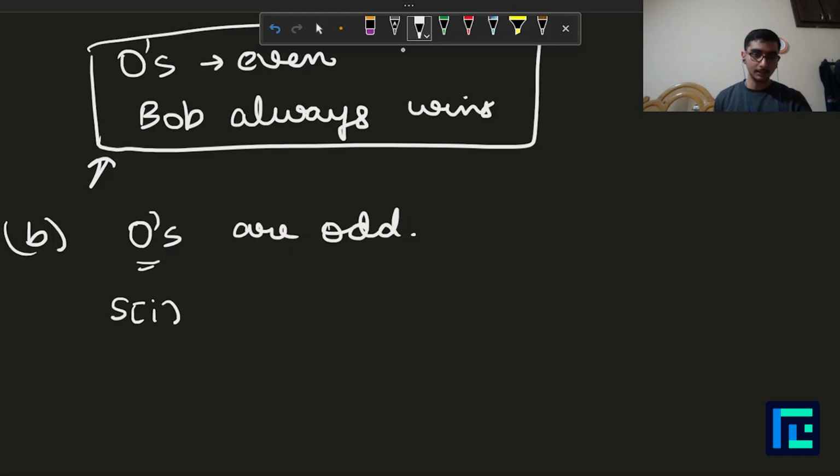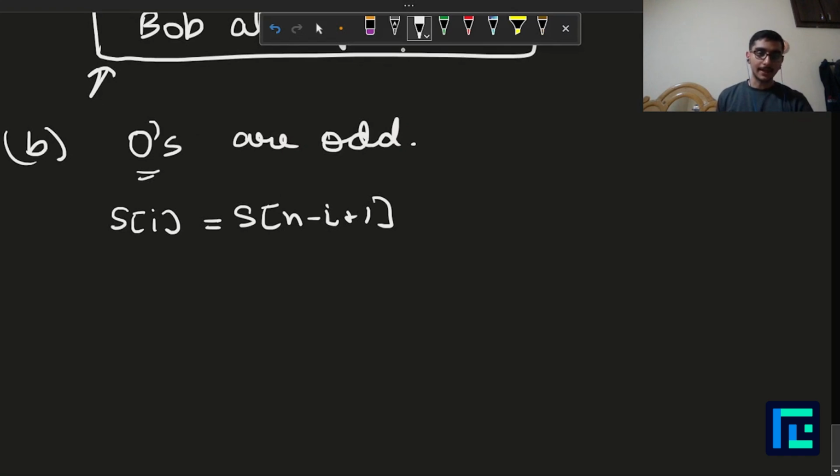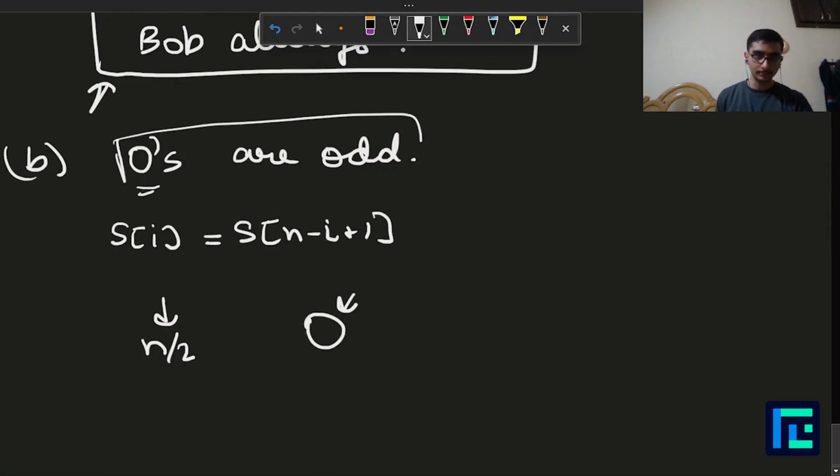So S of I should be equal to S of n minus I plus 1. Only time it does not need to occur in a pair is when at the middle position, that is the n by 2 position, we have a 0. So if we have a 0 there, then the number of zeros can be odd, right?